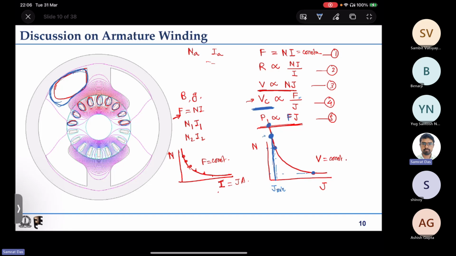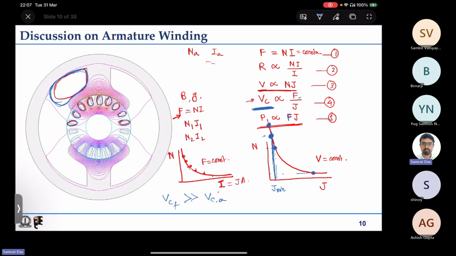Obviously you can see that in the field winding, you have so much volume available to you. No one is stopping you from putting more and more copper into the field. So the area available for putting field winding is quite big, and VC for field is quite big compared to VC for armature.